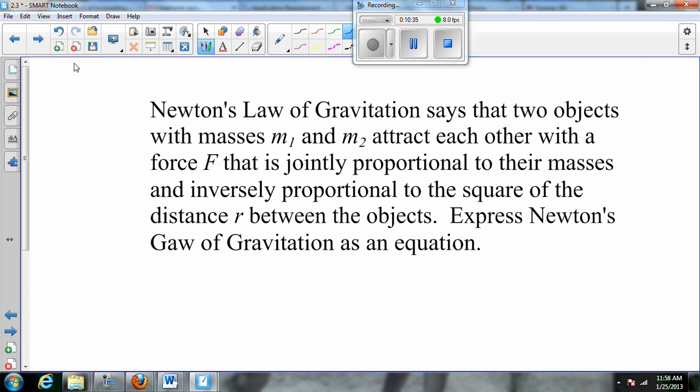Okay, so we're going to express Newton's law of gravitation as an equation. Alright, so first thing says that two objects with masses m1 and m2 attract each other with a force F that is jointly proportional. So m1 and m2 are jointly proportional. So that means they are multiplying.